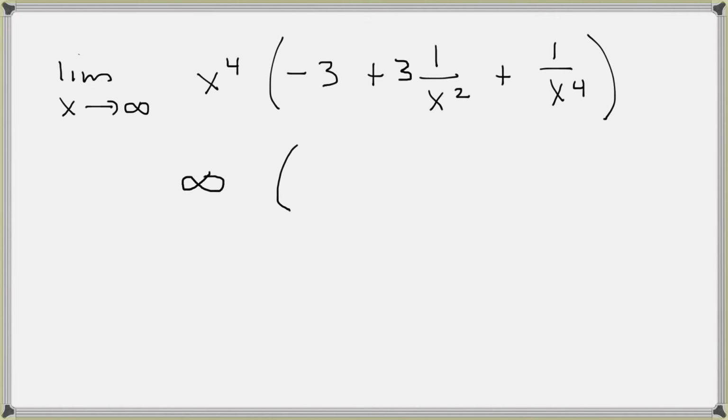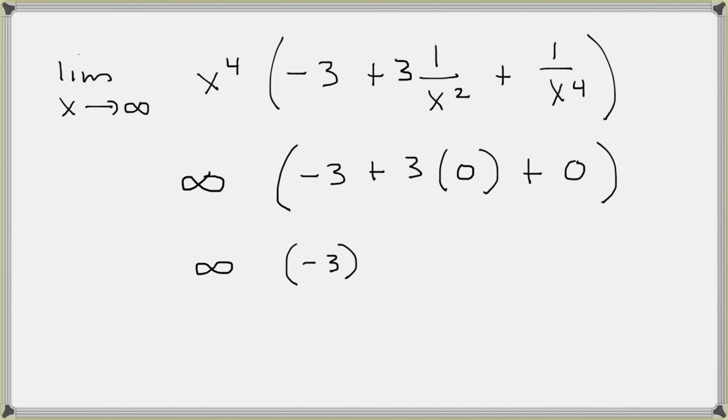So to summarize, here's what we said. This limit is infinity. Negative 3 is just negative 3. The 1 over x squared will go to 0. And the 1 over x to the fourth will also go to 0. So just simplifying that out a little bit, basically, the x to the fourth goes to infinity, and the expression in parentheses will go to negative 3.